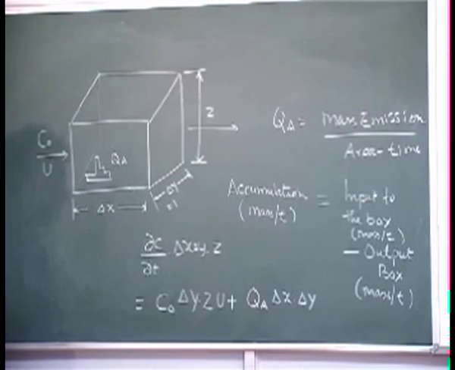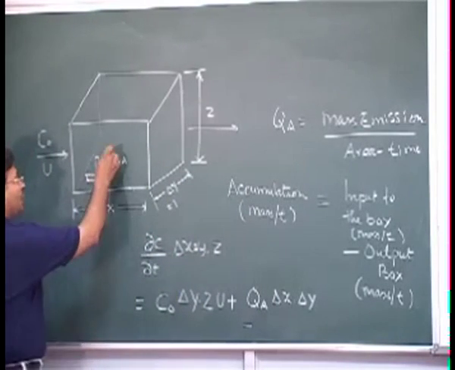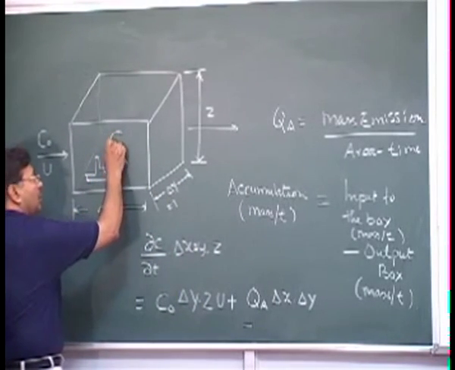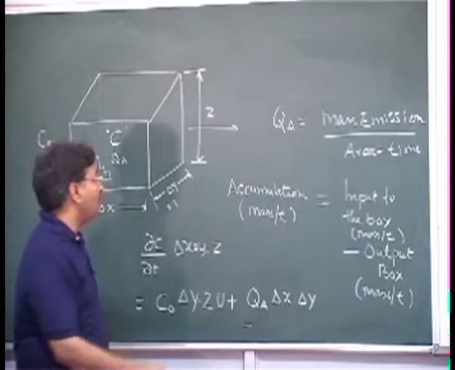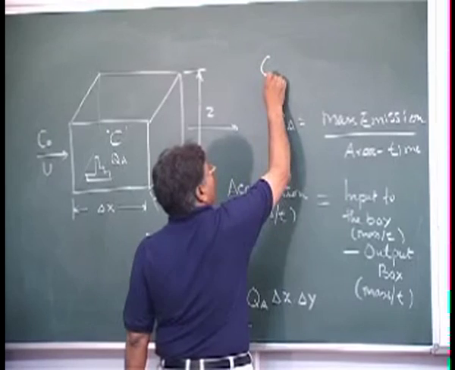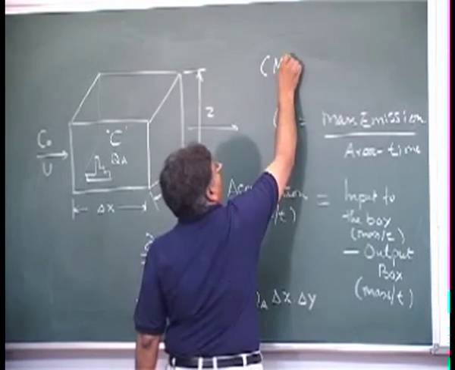And output. Okay, and I am assuming the box to be a completely mixed reactor. So what do I do? Minus, and suppose the final concentration in the box is C, and the box you are modeling as a CFMR, completely mixed flow reactor.